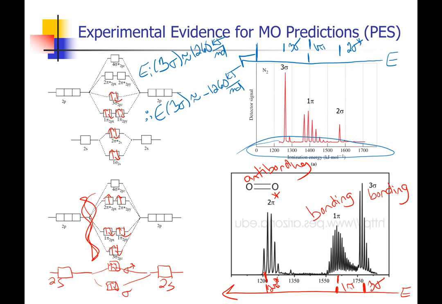And the 1 pi has a larger ionization energy, it's lower in energy, and the 2 sigma has an even larger ionization energy, it's even lower in energy, and that's what we're seeing on this diagram.